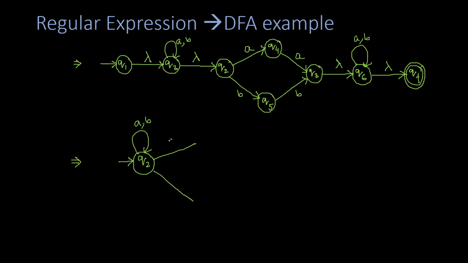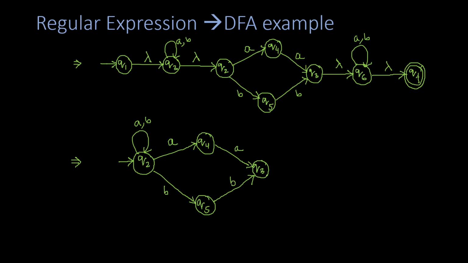If I go this side for A, obviously I will get Q4, and on this side I will get Q5, that already specified, and then if I get A, I will get Q3, and if I get B on this side, I will get Q3 again.